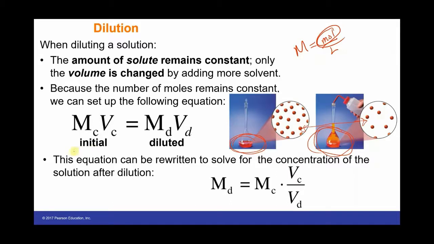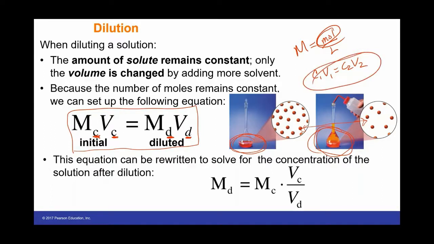Excuse me. So we can use this equation where we have the concentrated molarity times the concentrated volume equals the molarity of the diluted solution times the volume of the diluted solution. So that can also be C1V1 = C2V2.